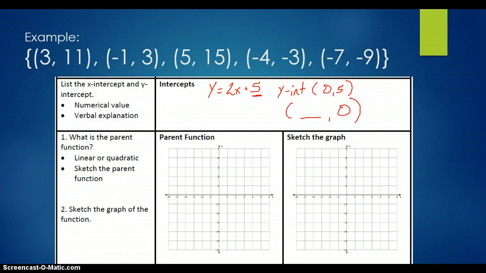So we talked about this earlier. We can do y equals 2x plus 5, that's our equation, and we know that we're looking for a point that has a value in the x place and a 0 in the y place. So I can substitute this 0 for y, and I'm going to end up with 0 equals 2x plus 5.